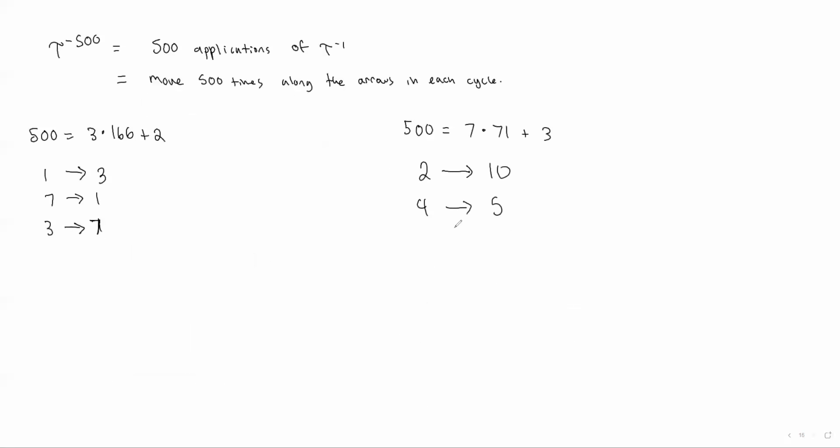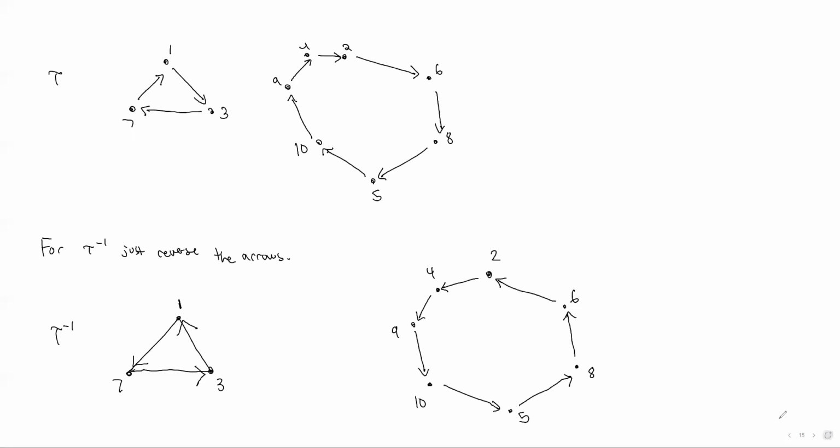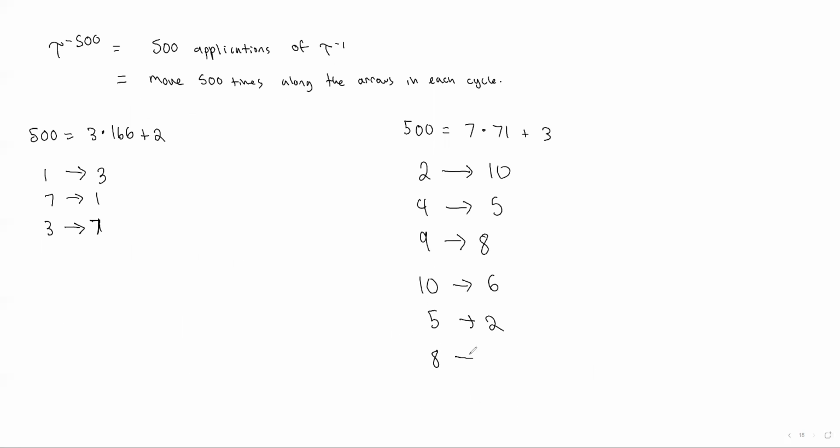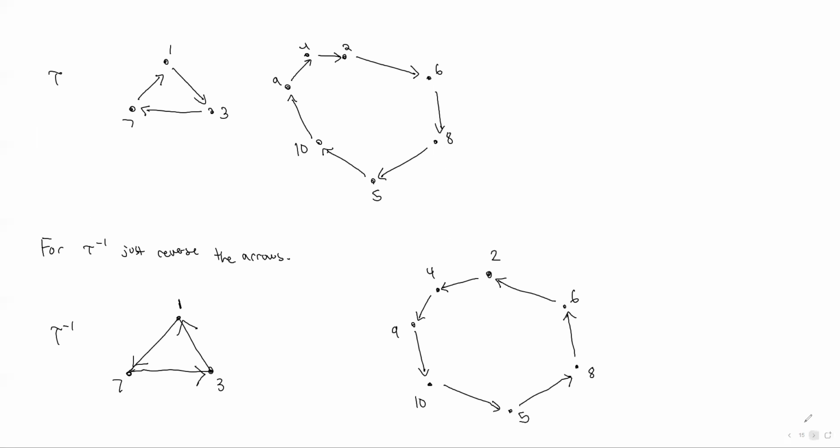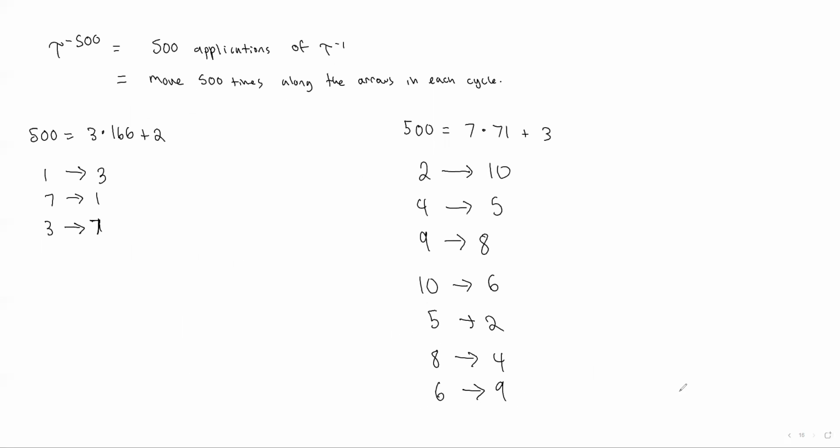So 9 goes to 8. 10 goes to 6. 5 goes to 2. 8 goes to 4. And 6 goes to 9. So 3 arrows away. So now we know what tau inverse is.